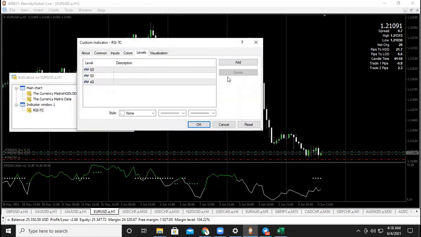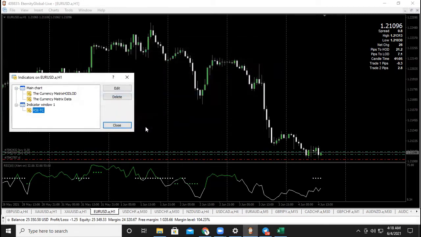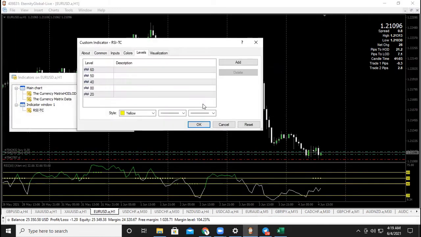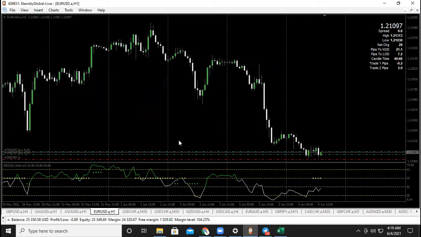Now, as far as the levels, 60, 50, 40, I also add in the 80 and 20. Oh, one moment, let me get that right for us. Let's do 65, 35, 50, 80, 20. All right.